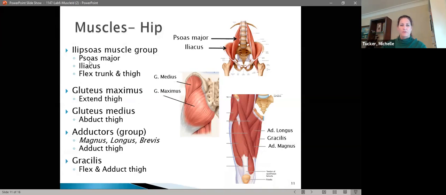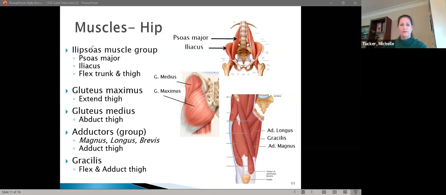Another way to flex the trunk is to flex it at the hip joint as well. You can bring the femur up towards your body, or you can lower your trunk down towards your toes. They accomplish the same purpose of collapsing that joint angle. These are core muscles.